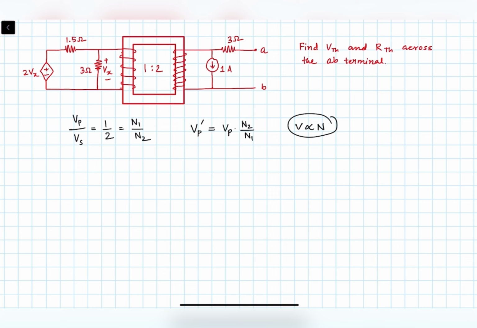Alright, and current is just opposite to this, because the power will always be constant. We cannot change the amount of power that is coming from one side. Okay, so VI will be constant. So if Vp dash is equal to Vp times N2 upon N1, then Ip dash will become Ip into N1 upon N2.